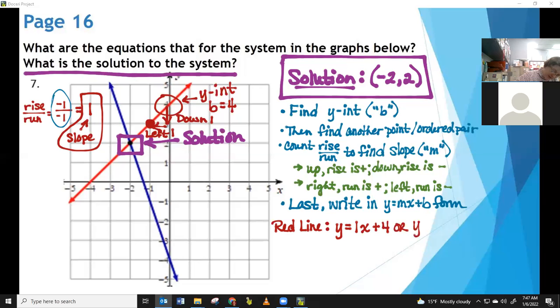Or you could just write that as y equals x plus 4, because if our coefficient is 1, we don't have to put it there. So far, so good? Let's do the blue line next. Where is the y-intercept on my blue line?